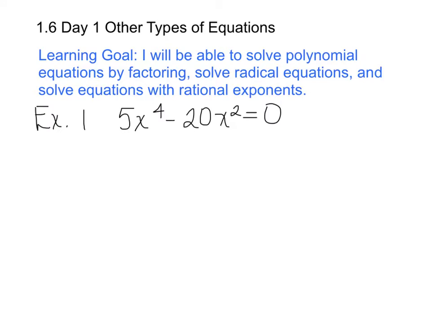You want to make sure your equation equals 0. So I'm going to factor it. I'm going to take out a 5x squared, and I'm left with x squared minus 4 equals 0. And then I could factor this more.